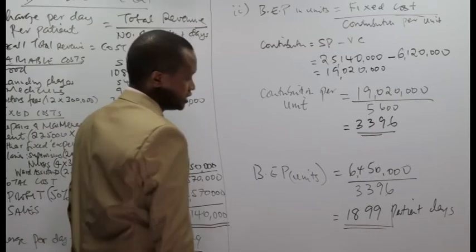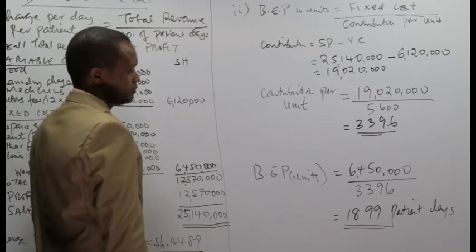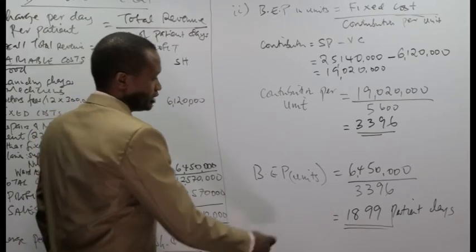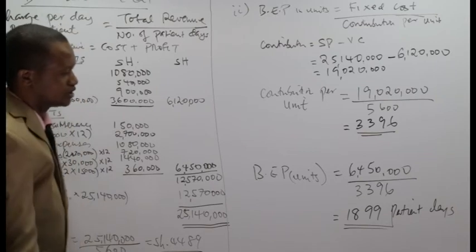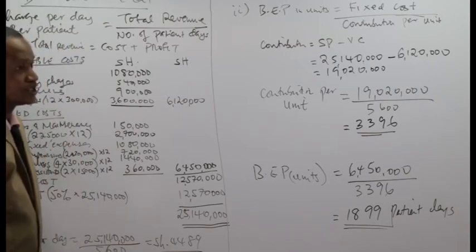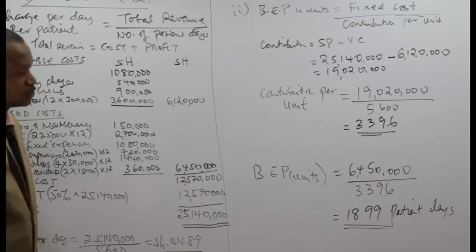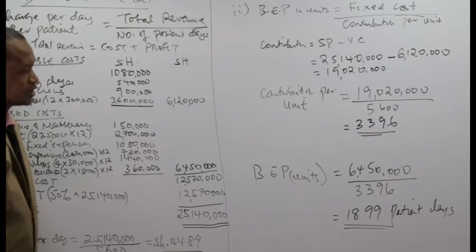At that point, they have to treat 1,899 patients. That is the interpretation. So our break-even point in units is 1,899 patient days.